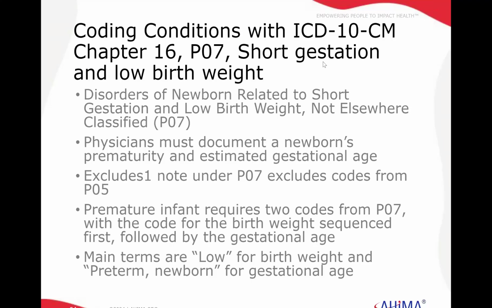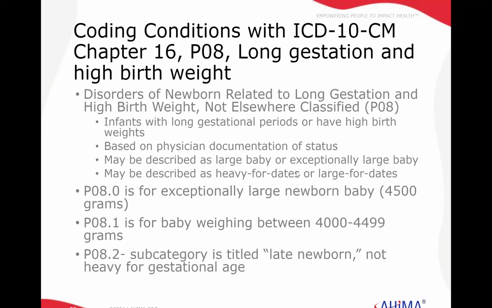And physicians have to document a newborn's prematurity and estimated gestational age. There's an Excludes1 note that makes perfect sense under P07 that excludes codes from P05. Let's take a look. And again, if we have short gestational age or prematurity, we can have long gestational age and high birth weight.